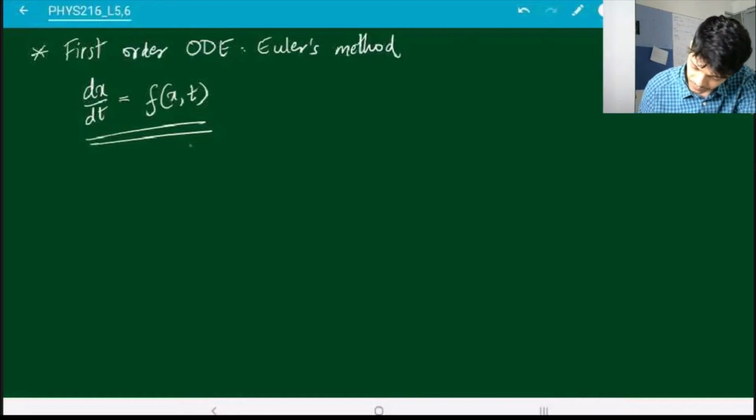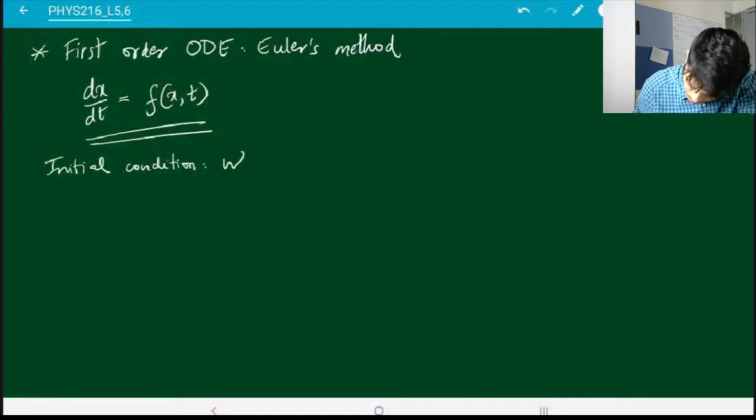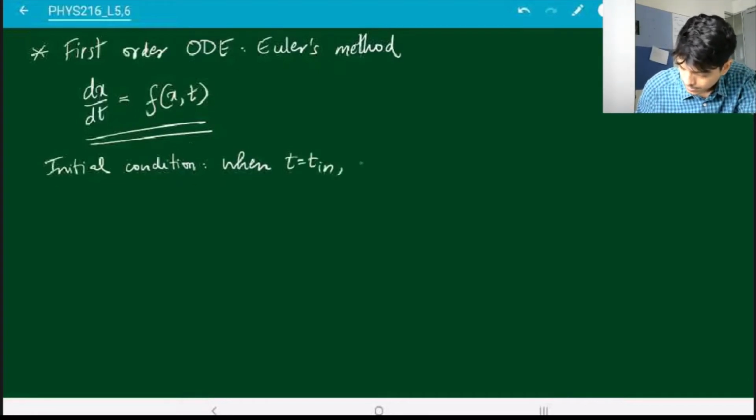So, suppose I specify that when t is equal to t initial, let's say x is equal to x initial.